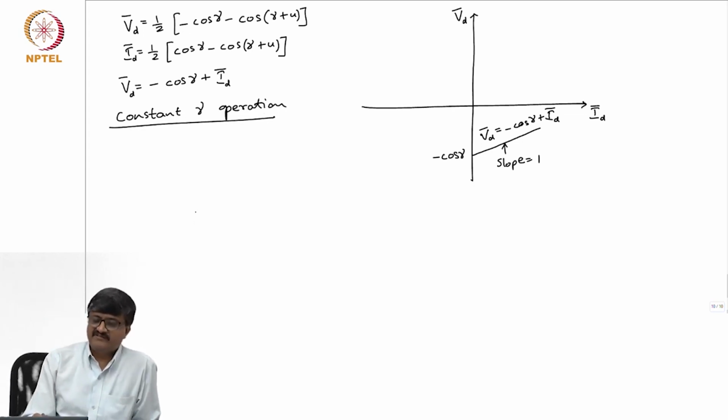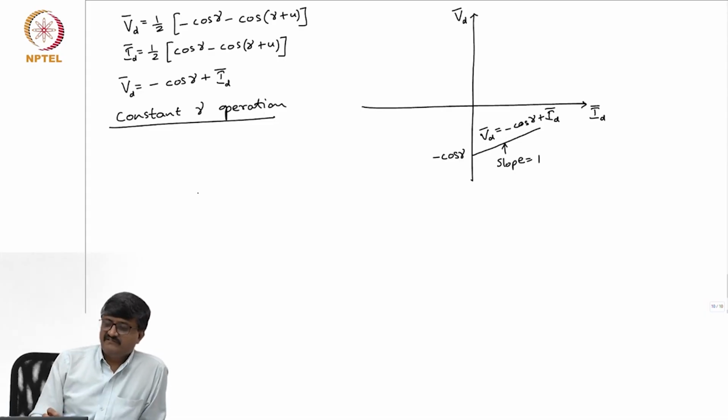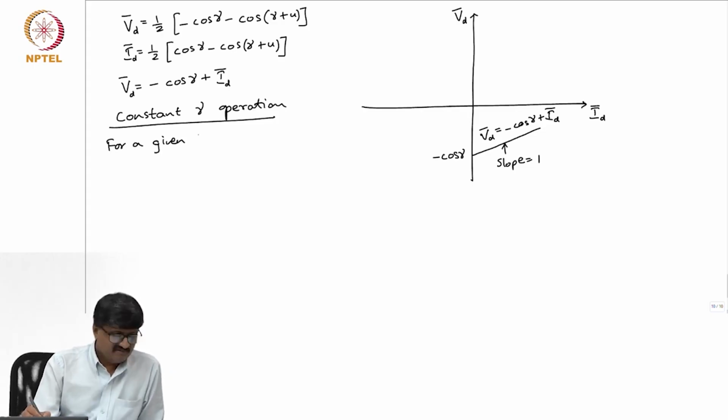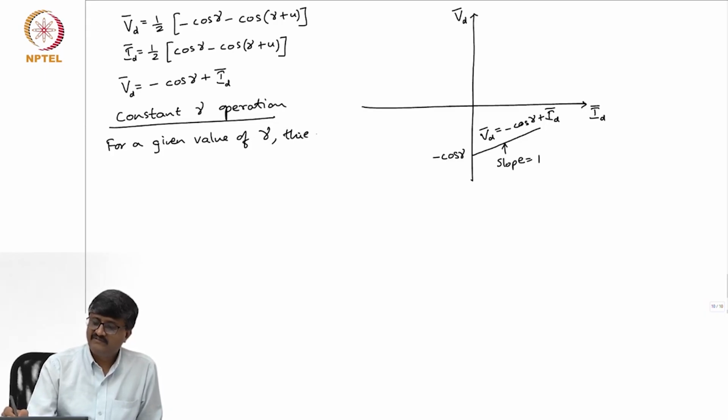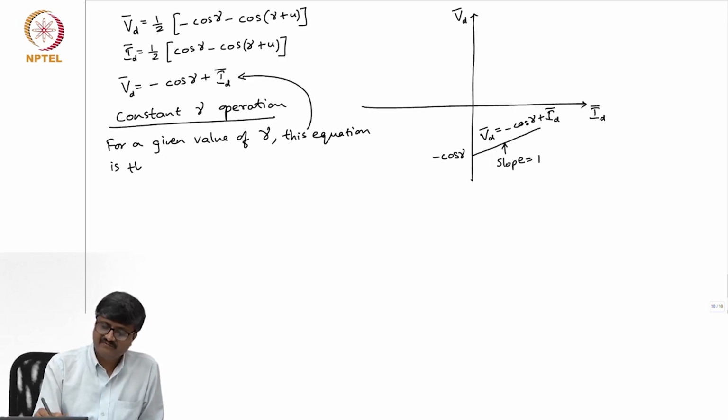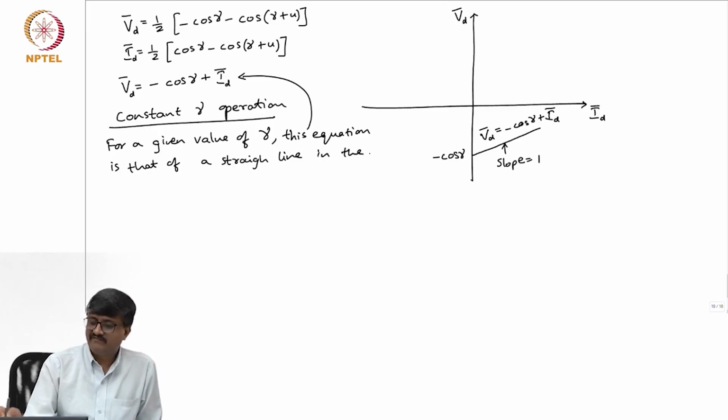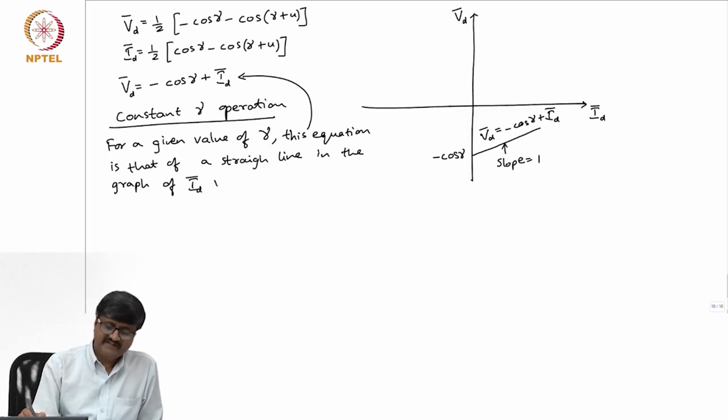So for a given value of gamma, this equation is that of a straight line in the graph of ID versus VD.